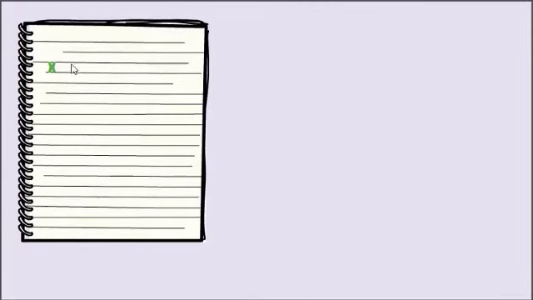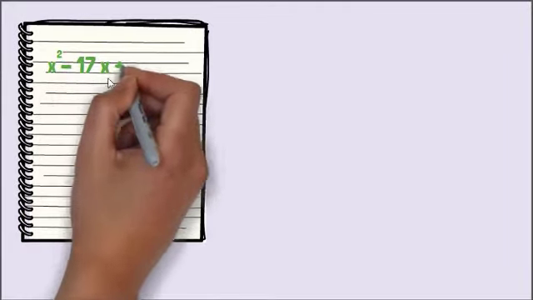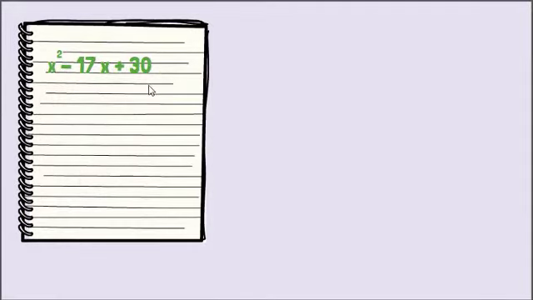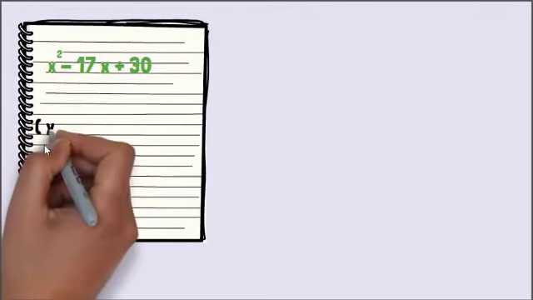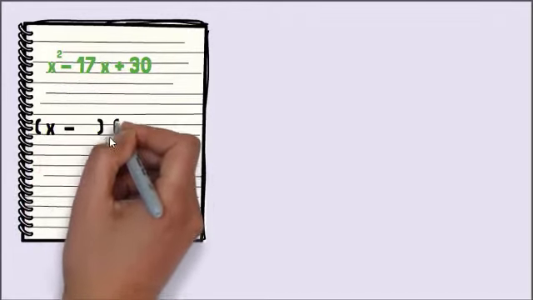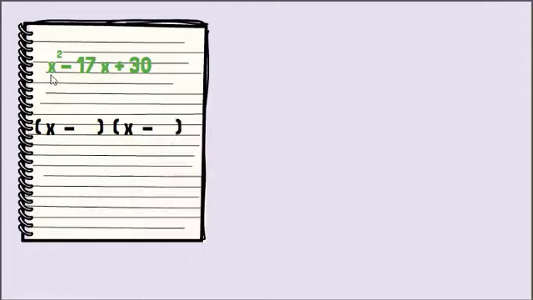Here we have an expression x squared minus 17x plus 30. As we see, we can't find any common factor between numbers or between variables. So we'll open two brackets and we'll factorize the first term into x times x, and we'll write the signs as negative times negative, because the sign of the third term is positive.